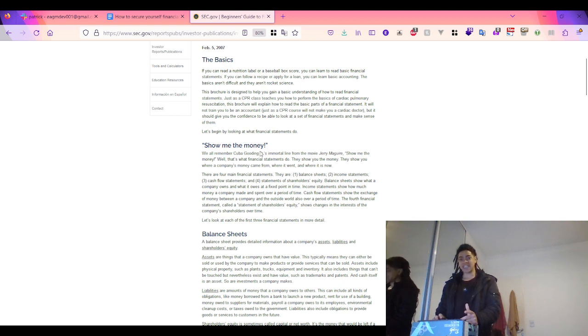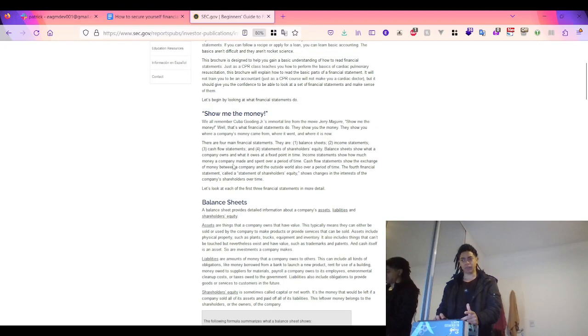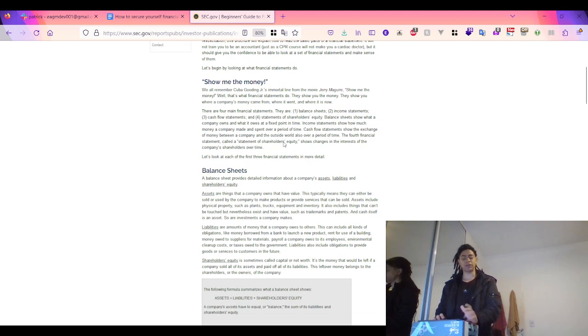The bottom line indicates the net increase or decrease of cash, while reusing some information from the balance sheet and from the income statement. And the statement of shareholders' equity, which is something they don't describe here, at least not in detail, shows the change in the interest of the shareholders over time.